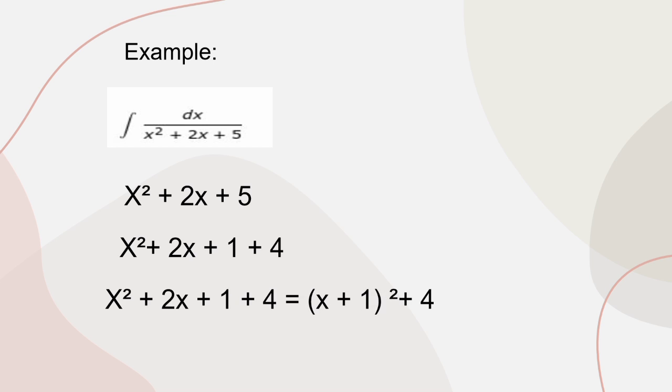So, now, x squared plus 2x plus 1 plus 4 is equal to (x plus 1) squared plus 4. Additionally, we can express that 4 as 2 squared. So, in completing the square of this quadratic expression, we will be left with (x plus 1) squared plus 2 squared.